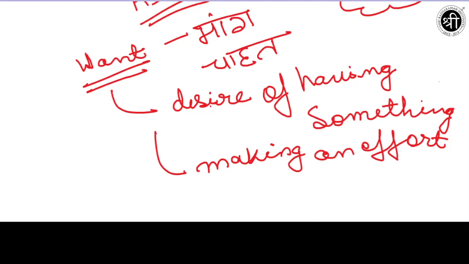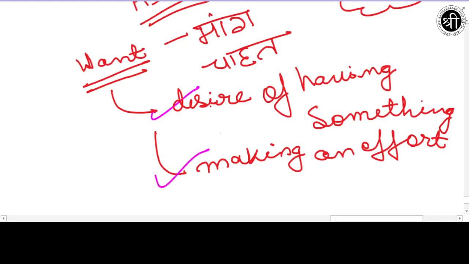And the second and most important thing is that I should be able to make an effort to acquire it. So these two things are very important to make a want. The first is that you must have a desire to have something, and the second is that you must make an effort to acquire that thing.